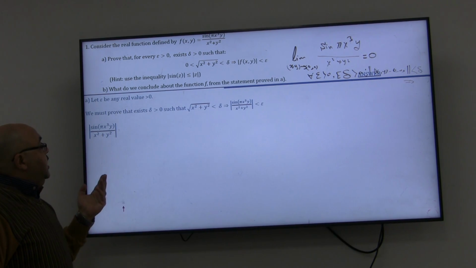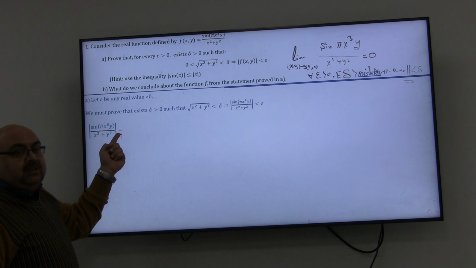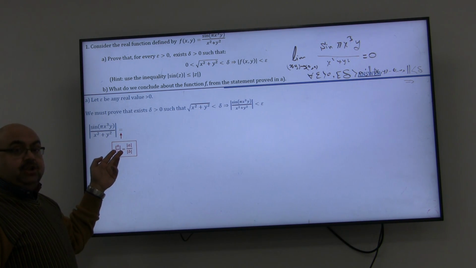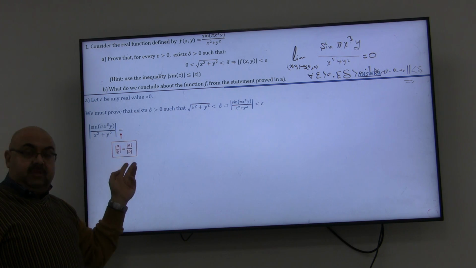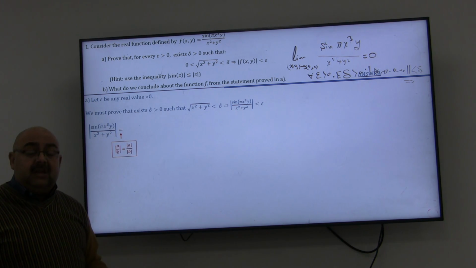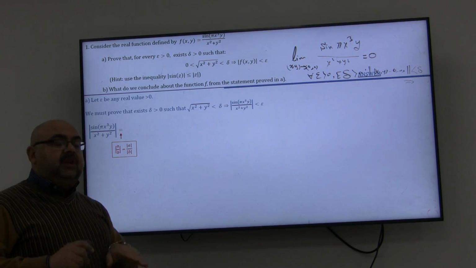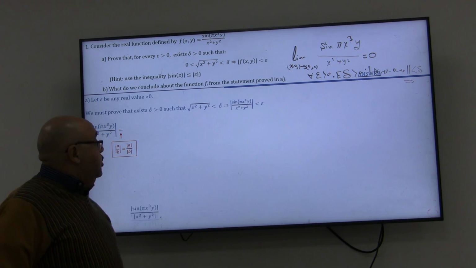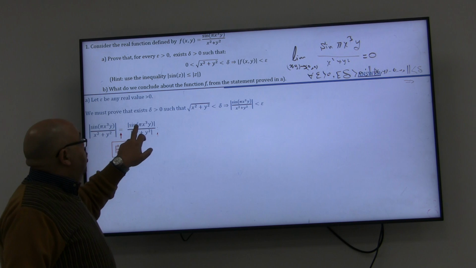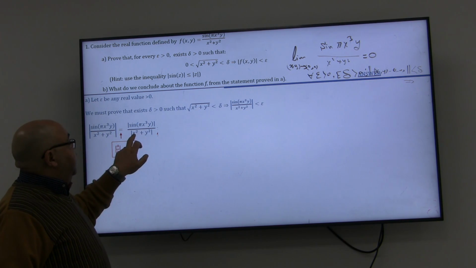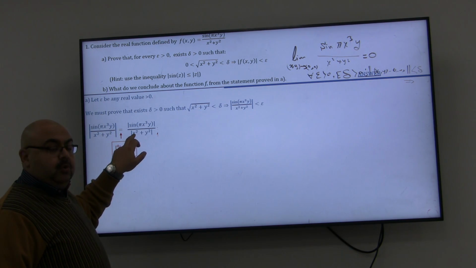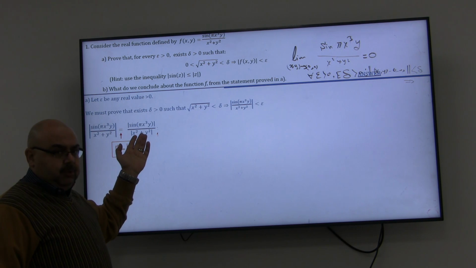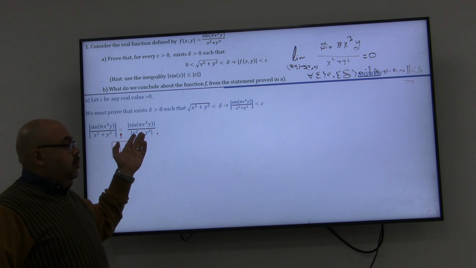So simply I can take advantage of this relation: the absolute value of A over B equals the absolute value of A divided by the absolute value of B, which means I'm separating the numerator from the denominator. So now I have the absolute value of sine of pi x cubed y divided by the absolute value of x squared plus y squared, which for sure is a positive value, it is the square of the norm.